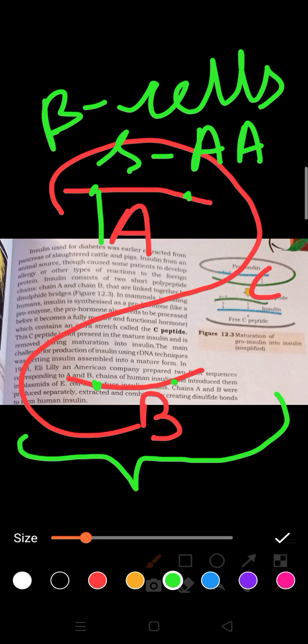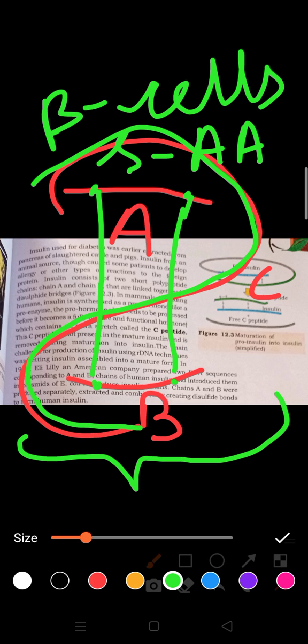So the sulfur is making a bond here. When the sulfur bond forms, at that time this C chain gets dissolved, or detached from it. Ultimately, which structure will form? The structure of the A strand, the B strand, and in between them a sulfur bond.